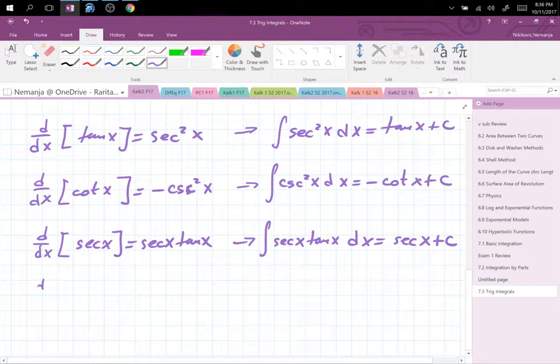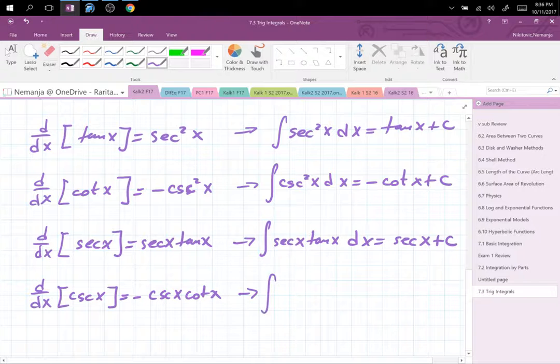Finally, the derivative of cosecant x is negative cosecant x cotangent x, which gives us the integral of cosecant x cotangent x dx as negative cosecant x plus c. Whew. So you see that you learn the derivatives and you can read them backwards.